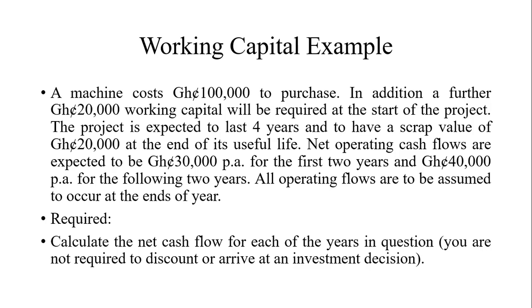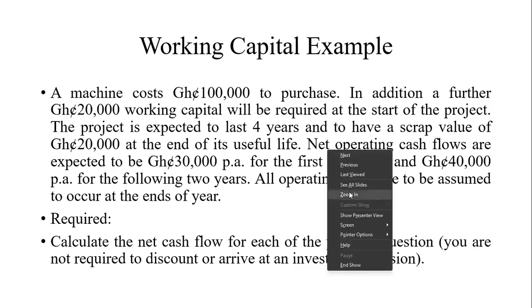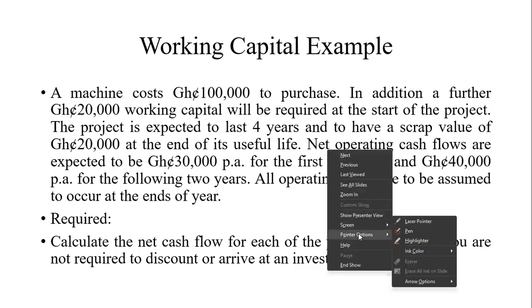Okay, so if you look at this question critically, it is giving us an initial investment cost of 100,000, which went into the purchase of equipment. And oftentimes, if you are making investments in equipment, you would need working capital.